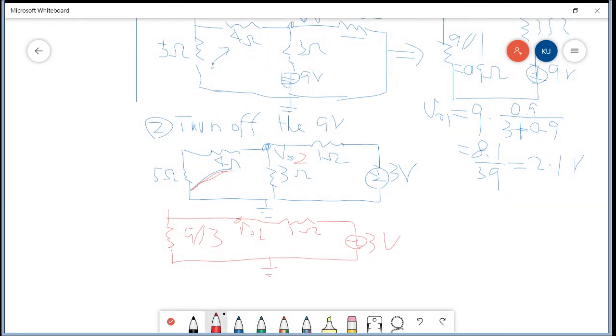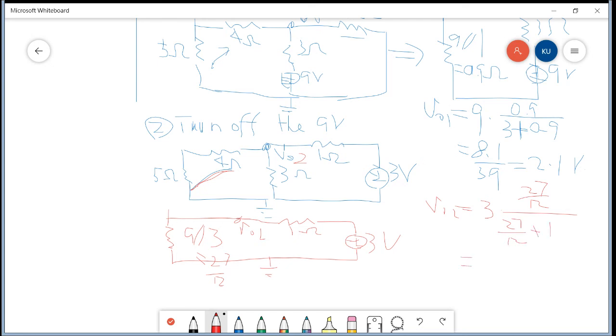And 9 parallel 3 is 9 times 3, 27 over 12. So VO2 is 3 times 27 over 12 divided by 27 over 12 plus 1.